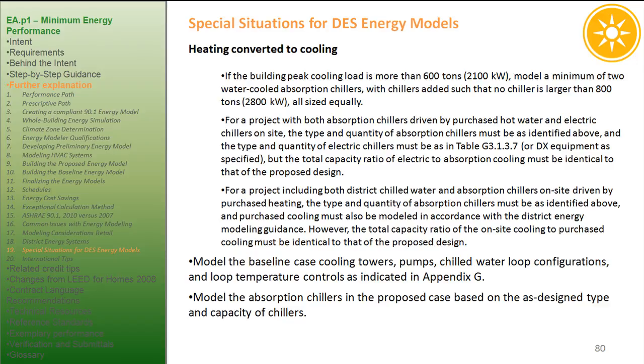For a project including both district chilled water and absorption chillers on site driven by purchased heating, the type and quantity of absorption chillers must be as identified above, and purchased cooling must also be modeled in accordance with the district energy modeling guidance. However, the total capacity ratio of the on-site cooling to purchased cooling must be identical to that of the proposed design.